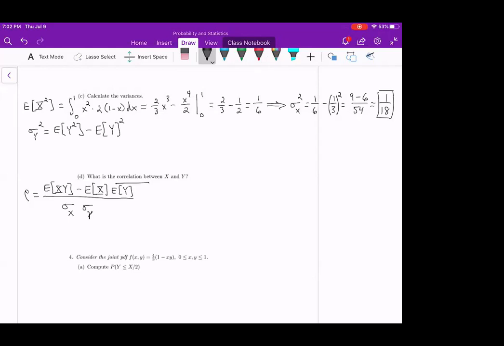So this is what you're going to use to get the variance of y. You already have the second term, E of y, you just need the second moment. And then E of xy is the only thing that you've never seen before, but you have the background in order to be able to get it. And so I want you to give it a shot to try to finish parts C and D.